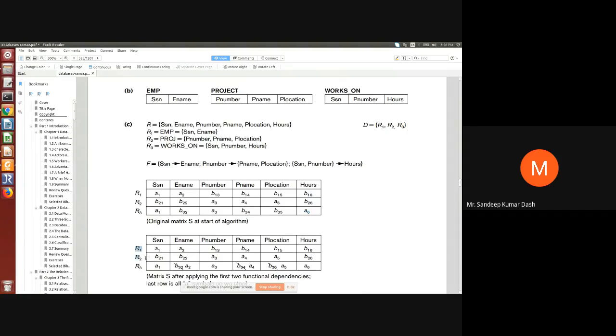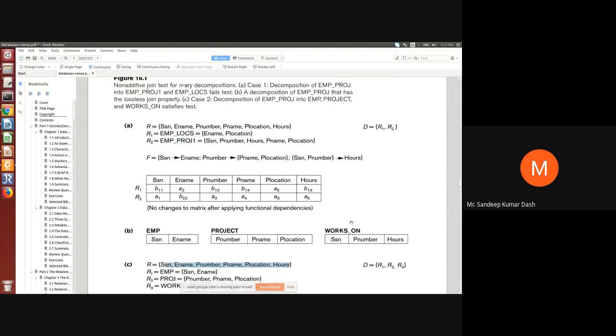This R1, R2, R3, when combined back, will give you this R. You divided this into R1, R2, two different relations, but when you combine these two into a natural join, you will not get the original relation back.